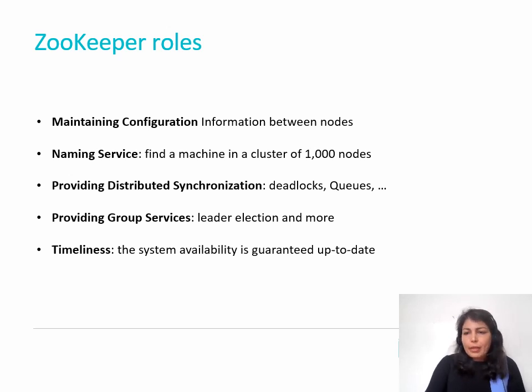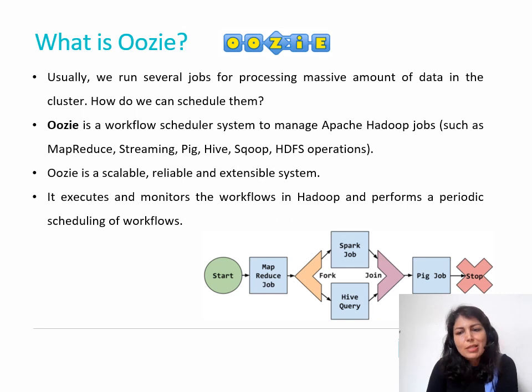Okay, next is what is Oozie? Oozie, as you know, is another component on top of Hadoop. So let's see what the responsibility of Oozie is. When we are processing a huge amount of data, of course we usually need several jobs to process this data. The question is how these jobs can be managed. Oozie is responsible to schedule workflows and also manage Hadoop jobs.